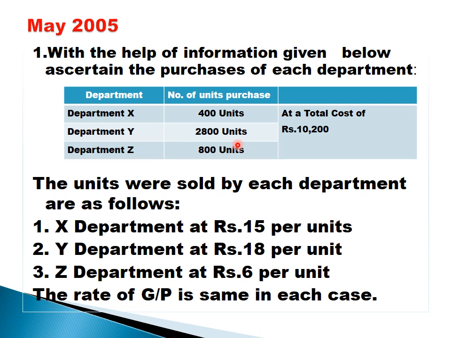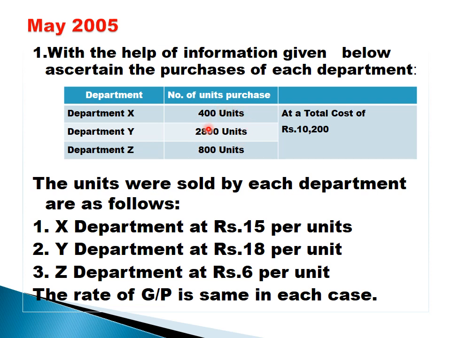So in this case, students, first find profit. Here closing stock is not given. We assume that all units purchased are sold. Nothing is left as unsold.